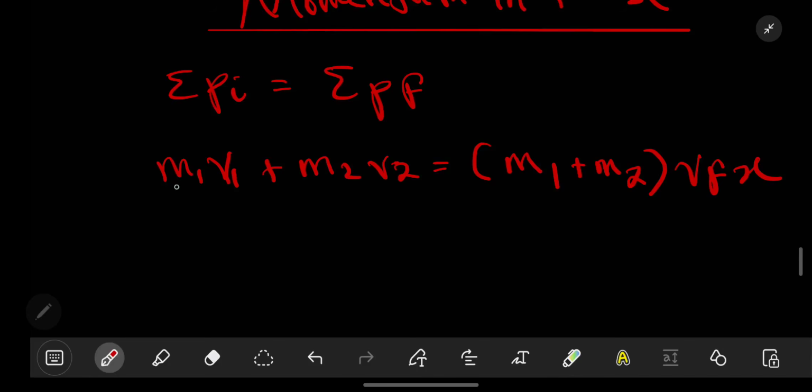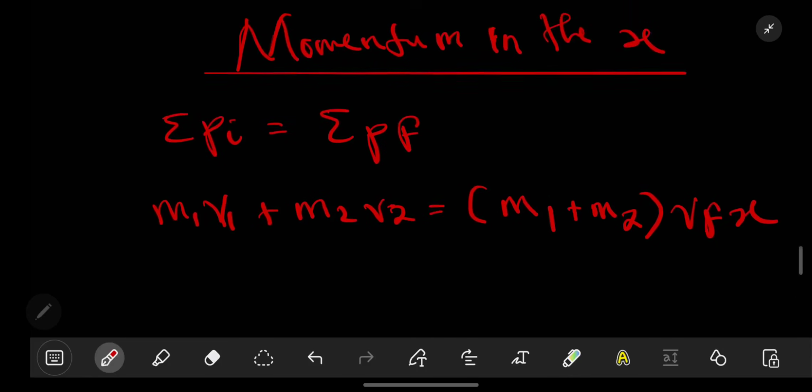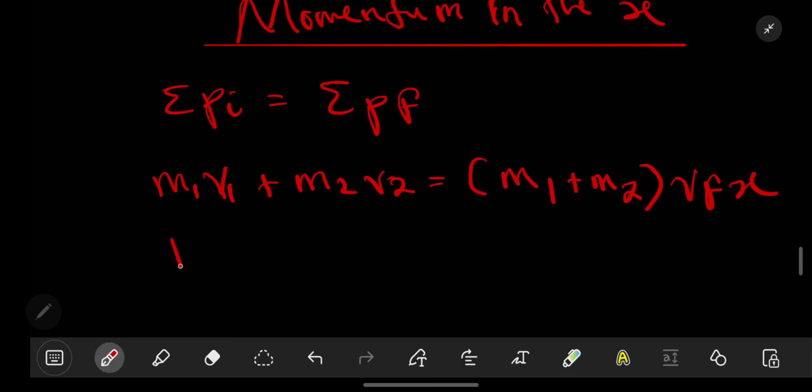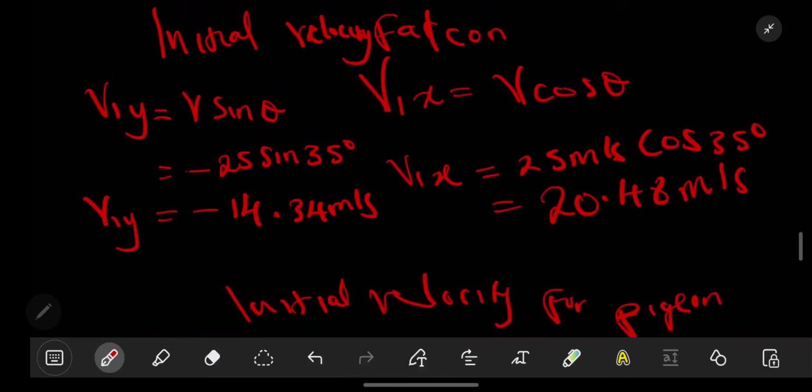So m1, which is the falcon, is 1 kg times the velocity 1 of the falcon.